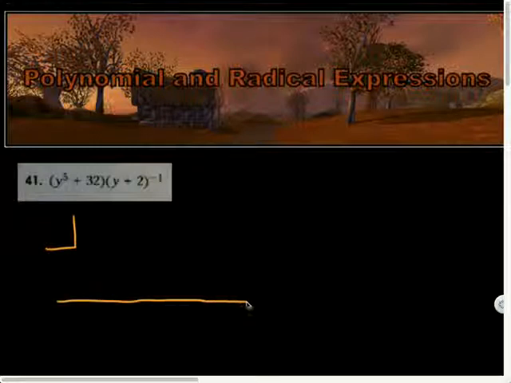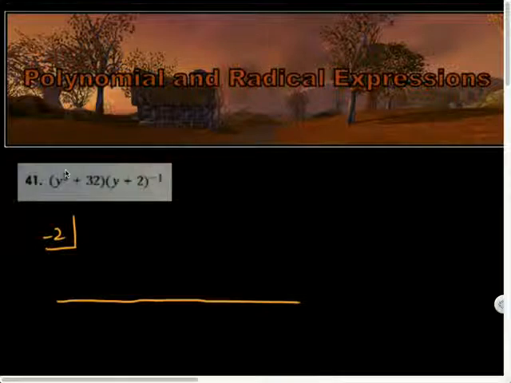And you might wonder, why am I making such a long line when I only have a binomial? Oh, just you wait. So what's going to go in the box? Well, it's the opposite of that number, -2. First of all, how did I even know this was division? This is multiplication? What? Because to the negative first power would make this go downstairs, making it division. Right, perfect. So -2 goes in the box.